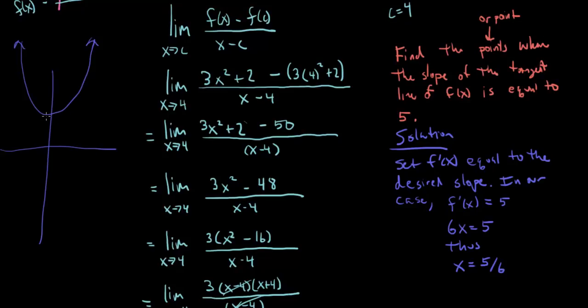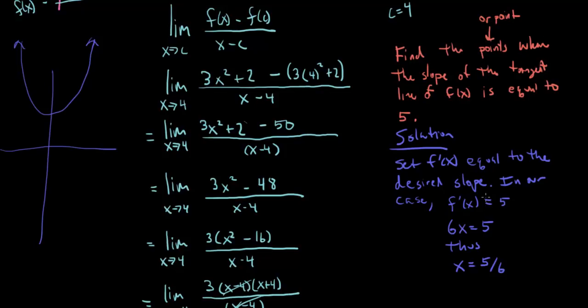Over here, the slope is kind of a small negative number, but getting to a greater and greater negative number. So the slope here is 0 at the vertex because the tangent line will be horizontal. Then over here, the slope is positive and getting bigger positive. Over here, it's negative and getting bigger negative. Okay, so it makes sense that there's only one spot where the slope of the tangent line is exactly 5.